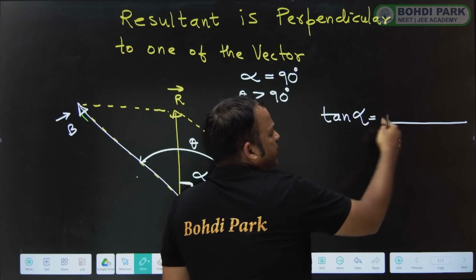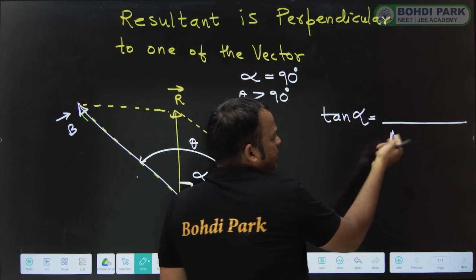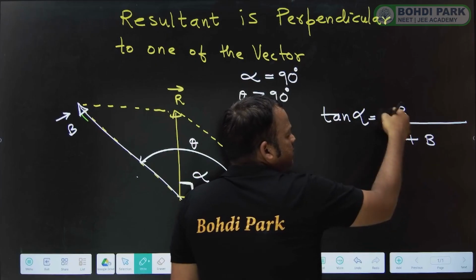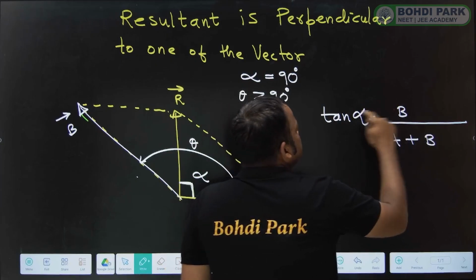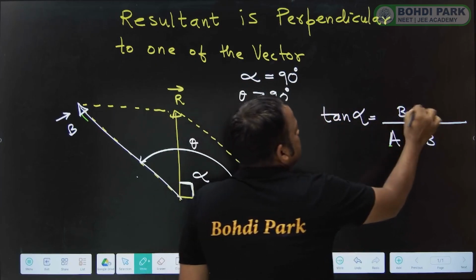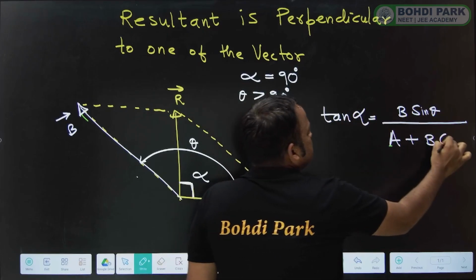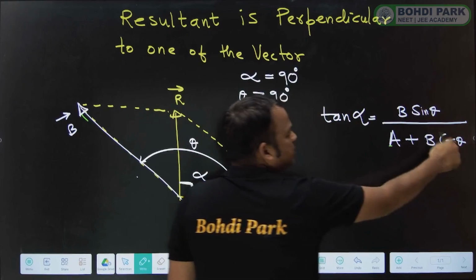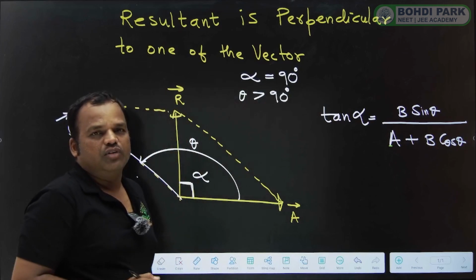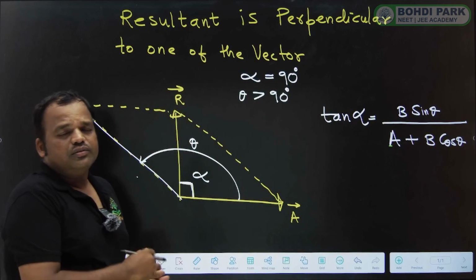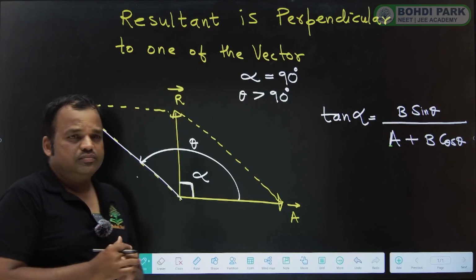Plus the other one, B, and here also you write B. Both B and B you write here. Then in the numerator, you write sine theta here, and in the denominator cos theta here. So this is the formula for tan alpha: B sine theta divided by A plus B cos theta. You remember this formula.